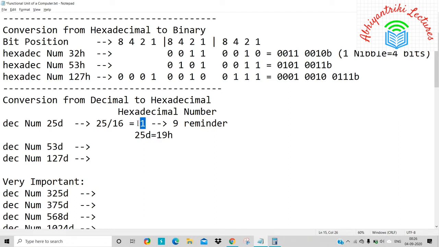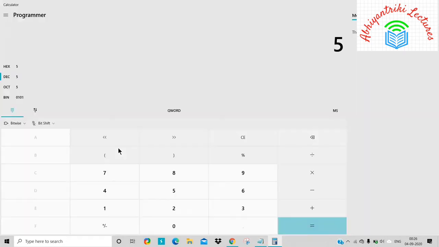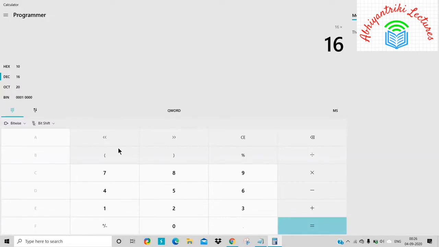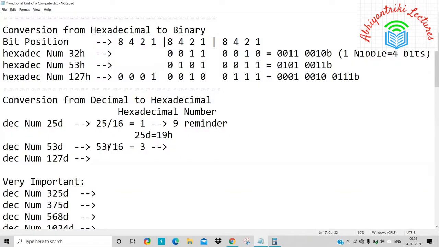So now let me take this example. 53 divided by 16: what is the answer? 3. And what is the remainder now? 16 threes are 48. 53 minus 48, that is 48, 49, 50, plus 5, the remainder is 5.